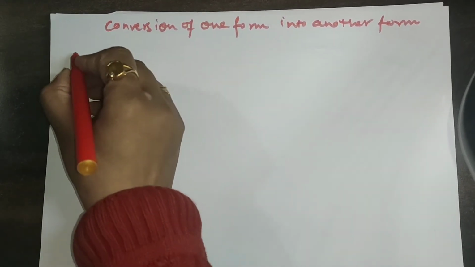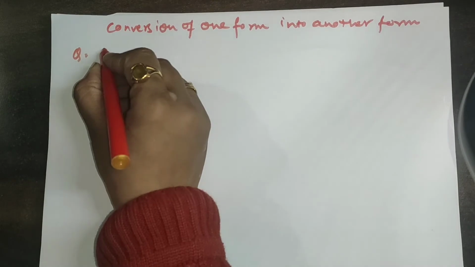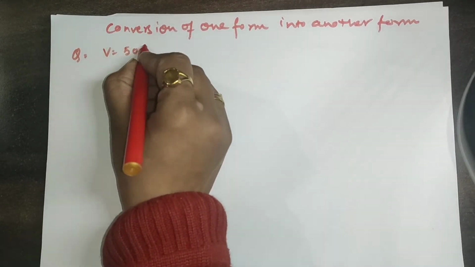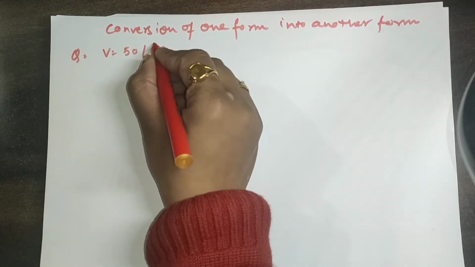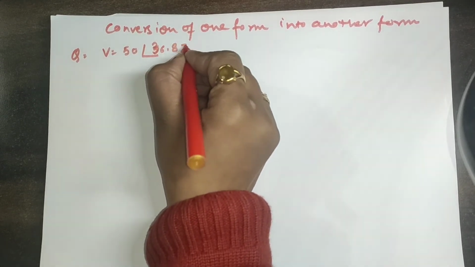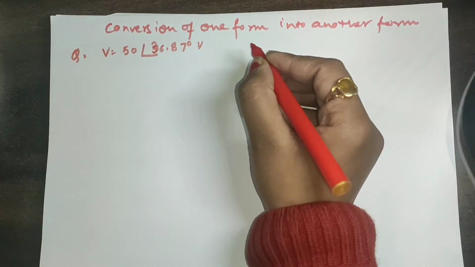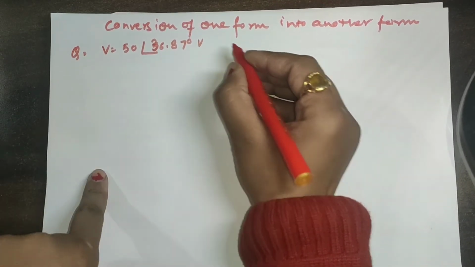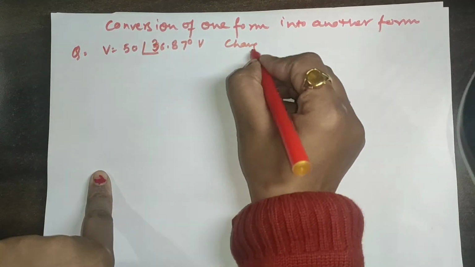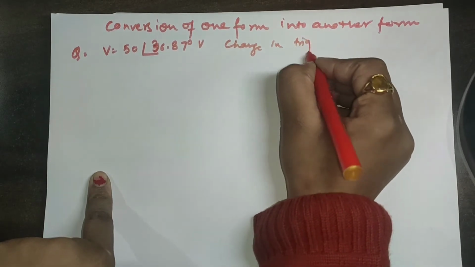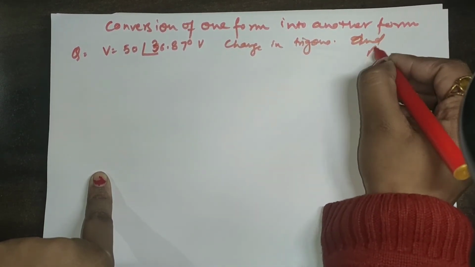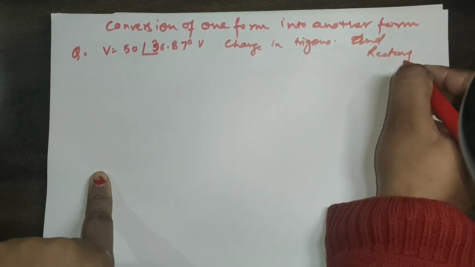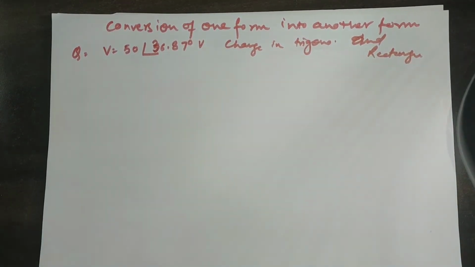Okay, so the first numerical, or first example, is V equals 50 angle 36.87 degrees volt. Change it into trigonometrical and rectangular form. So how can we convert polar form into trigonometrical and rectangular form?